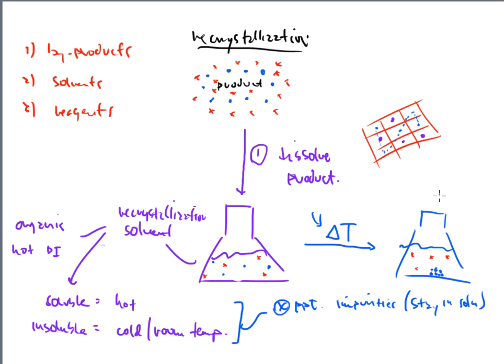And then what happens from this point is that we filter. So by filtering, I keep all of the solid product that is now purified, and then filtering the liquid through has now removed all of my impurities. So we have a couple of terms that I like to just introduce. This product with the impurities, this is typically called our crude product. So when we talk about crude products in a laboratory, we're talking about an impure version of what we actually need.